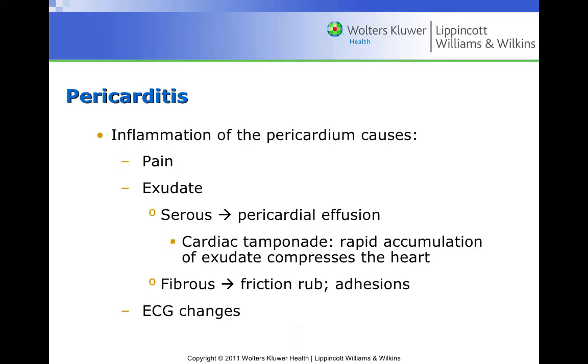The bottom line is, if we don't take care of a pericarditis and this effusion continues to build up around the heart, it creates a situation called cardiac tamponade, where the heart becomes so compressed that it can't beat effectively and it becomes an emergency.